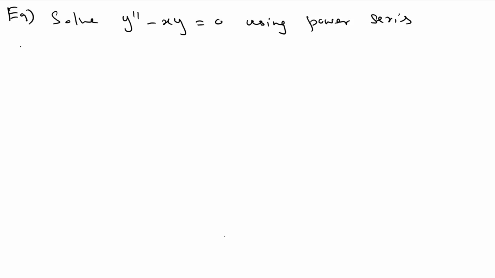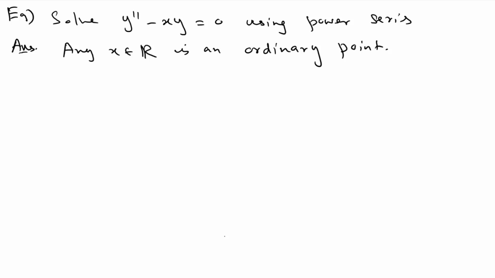As before, I'm going to write the theory part first. So let's say any x in the real numbers, any real x is an ordinary point. It's an ordinary point because the first coefficient is 1 and the next one is negative x. Those are all analytic, so that means every point is an ordinary point. We know that if those functions are analytic, then the points are ordinary points.